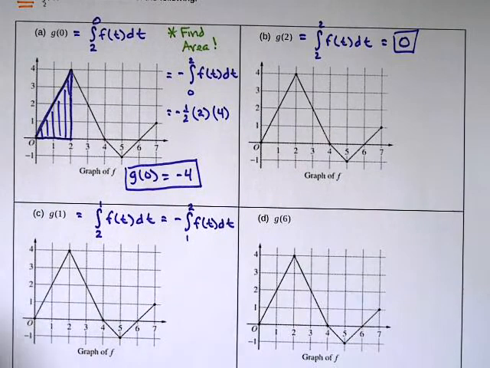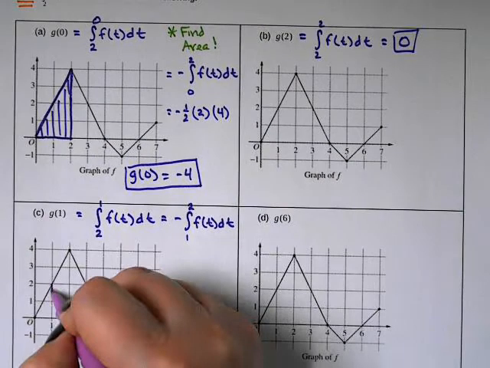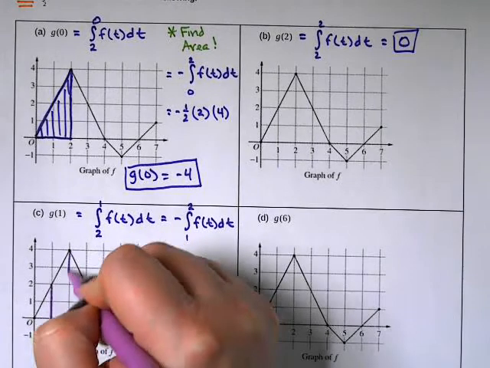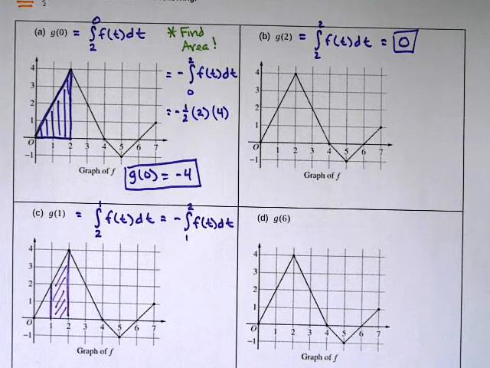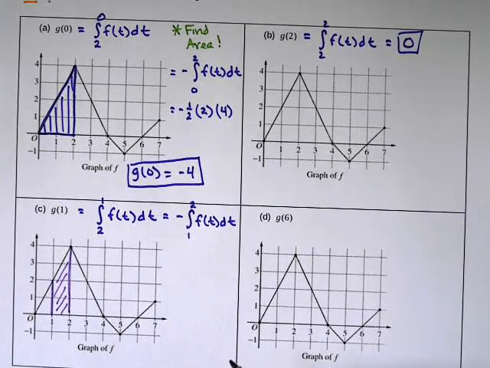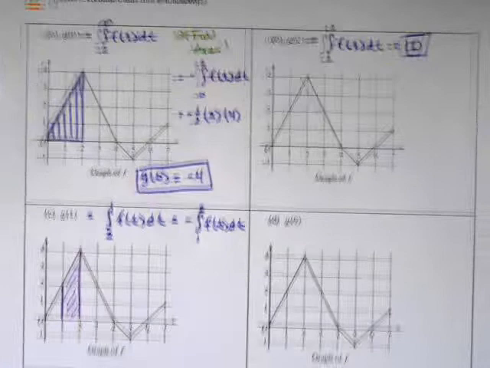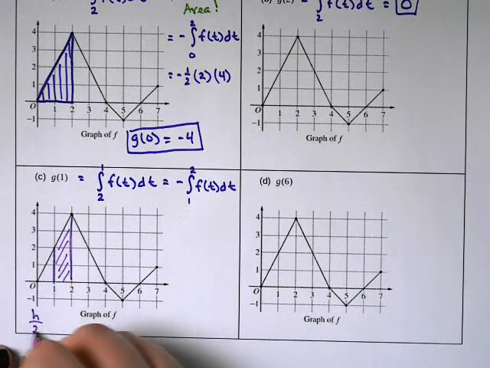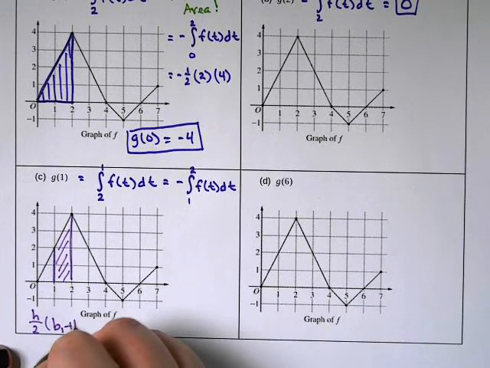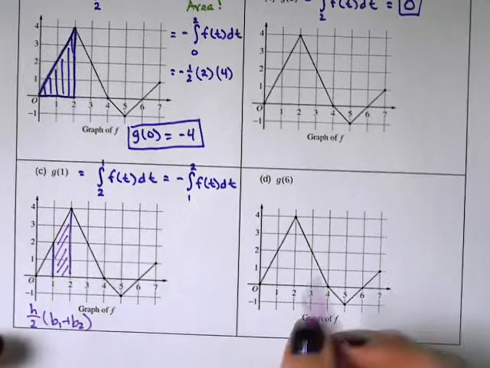And let's see what that actually looks like. So starting at 1, ending at 2, we want this area in here, so that's a trapezoid, which means we need to remember the area of a trapezoid. So just in case you don't remember, it's h over 2 times b1 plus b2. So let's go ahead and do that.